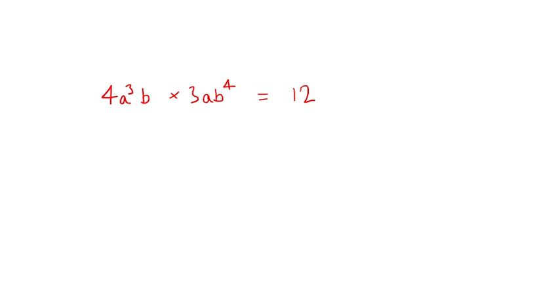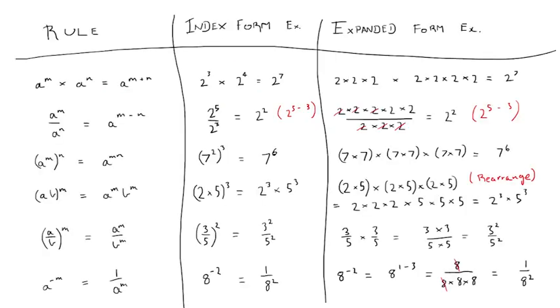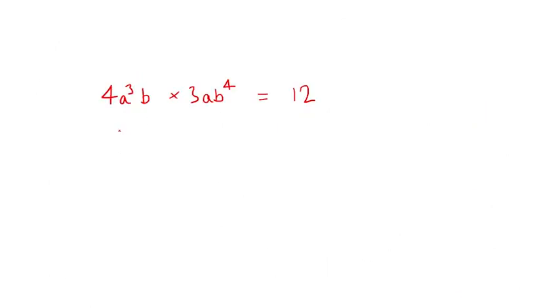So I have to add together 3 and 1, so I'll have a to the power of 4. Now here we've got b to the power of 1 times b to the power of 4. That's b to the power of 5. So once you learn how to use these and start to remember them, it becomes very easy to do some of these simplifications.